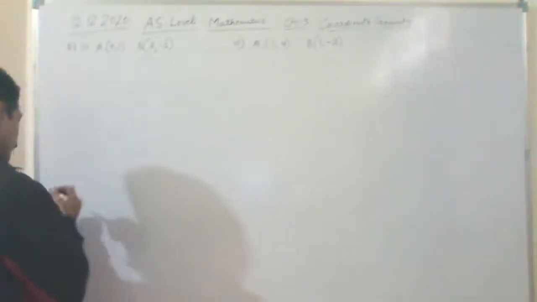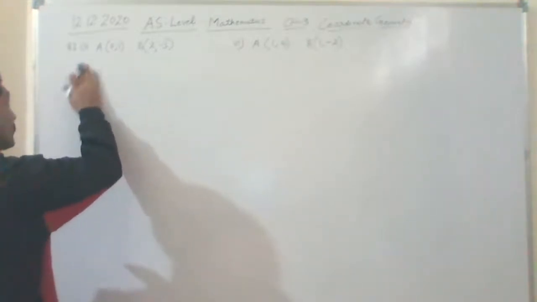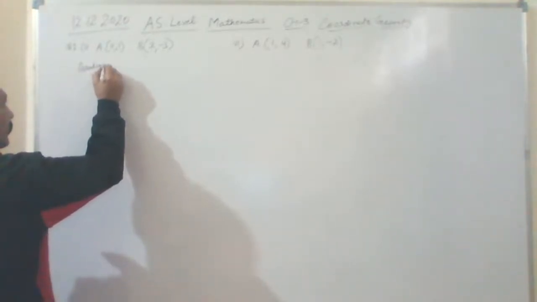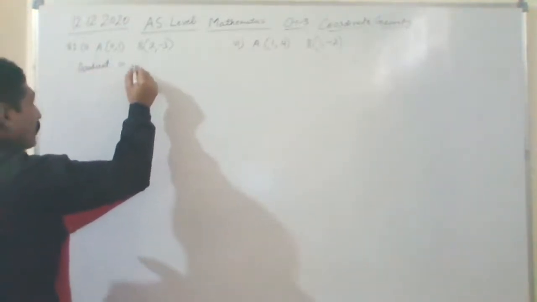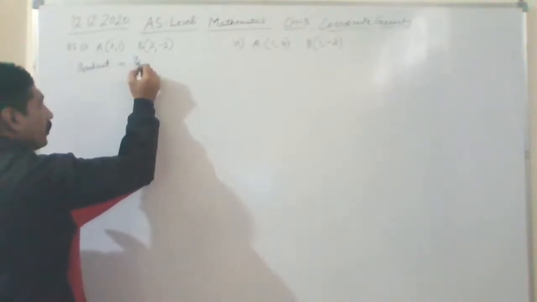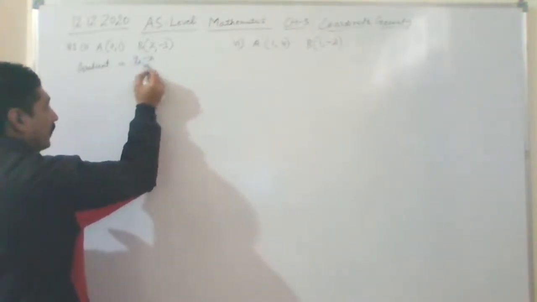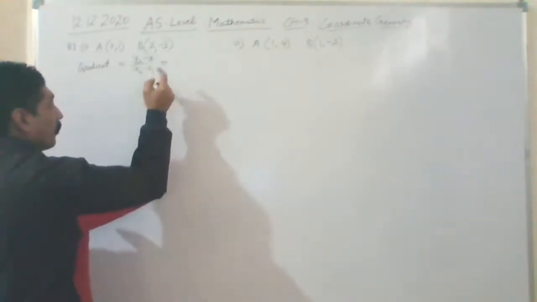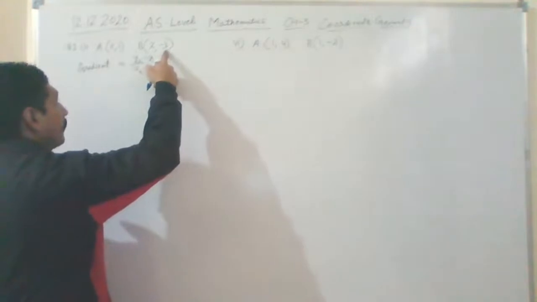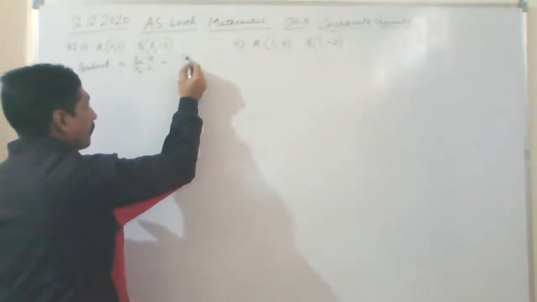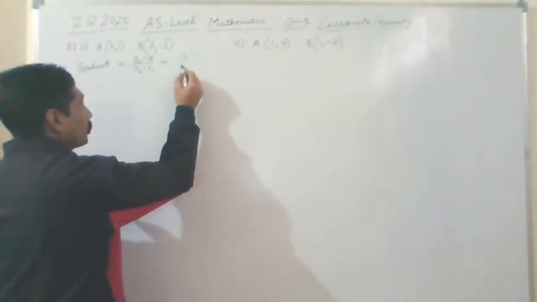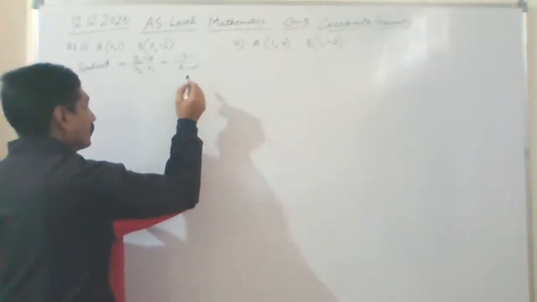First one is the gradient. The gradient is y2 minus y1 upon x2 minus x1. So it is equal to minus 3 minus 1 divided by 2 minus 0, right?